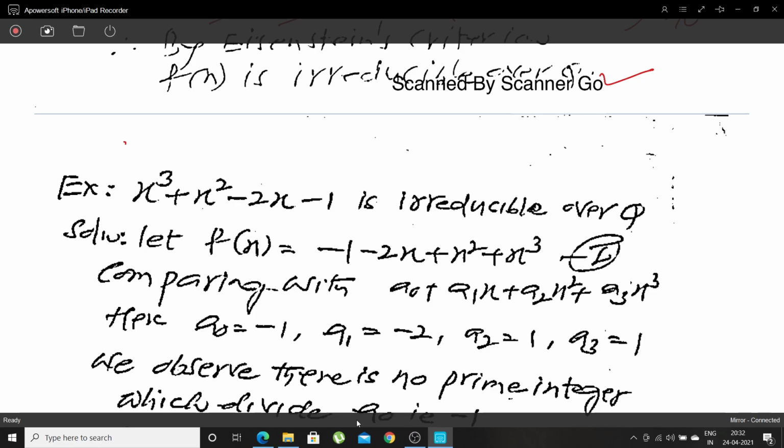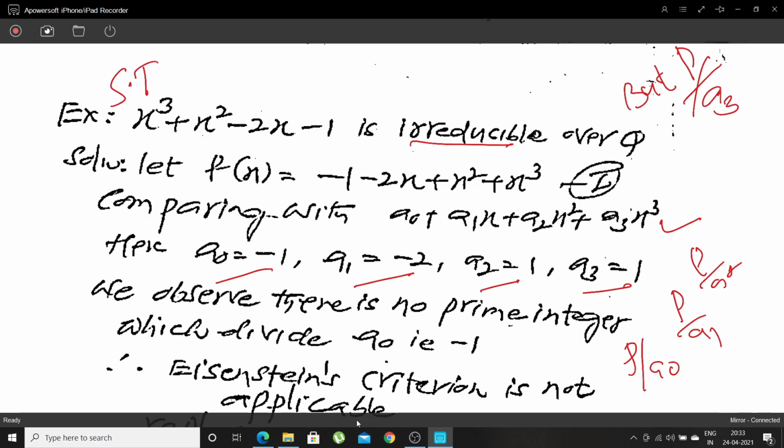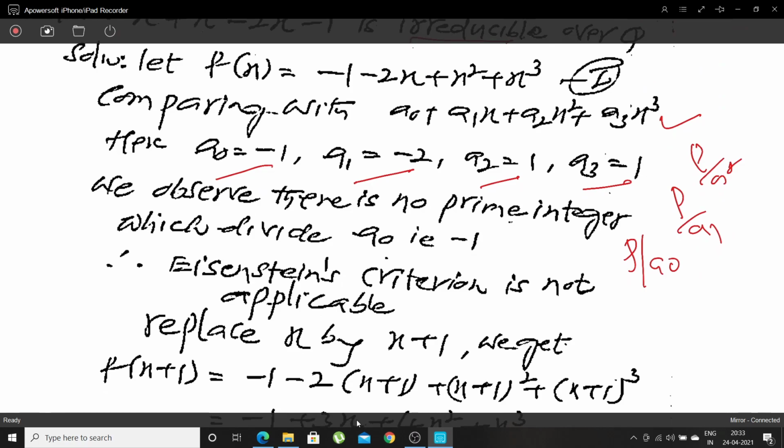We have to search a prime integer such that p divides a naught, p divides a1, p divides a2, but p does not divide a3, and also p square does not divide a naught. Clearly, we observe there is no prime integer which divides a naught. This word is very, very important. That means the theorem is not applicable.